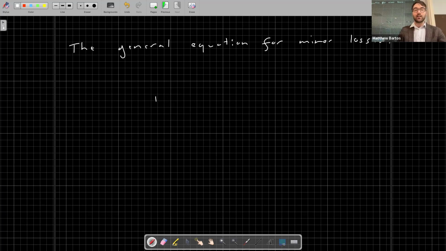In general, our minor losses, h_L, will be of the form some coefficient K times V squared over 2g. And the coefficient is going to depend on what type of loss we're talking about. And the velocity that we pick also might depend on the type of loss that we're talking about. But generally, our expressions for the minor losses will take this form.